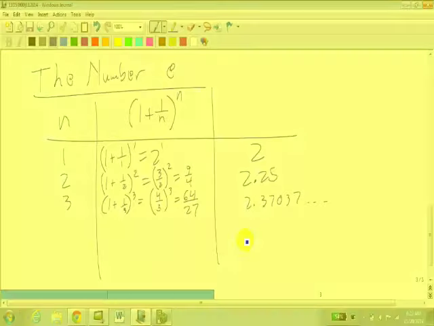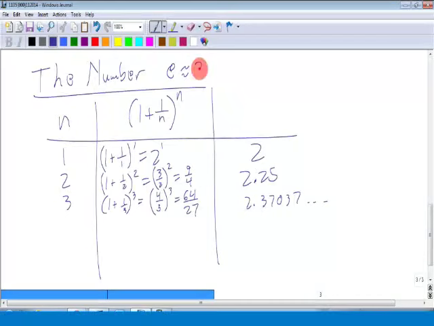It looks like it's 2.718281828, and it would appear at first glance that it keeps doing that. It turns out that it doesn't. I forget if the next digit is 4, 5, or 6. It's something like that. But it turns out to be an irrational number. It doesn't terminate, it doesn't repeat, cannot be expressed as an integer divided by an integer.